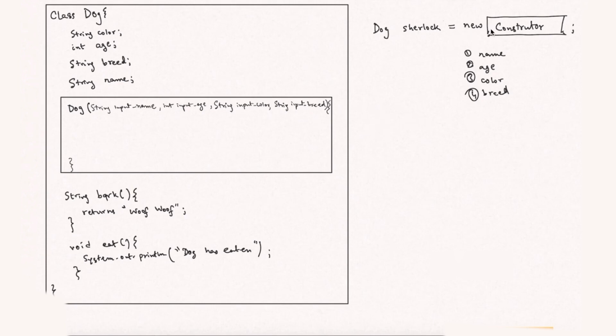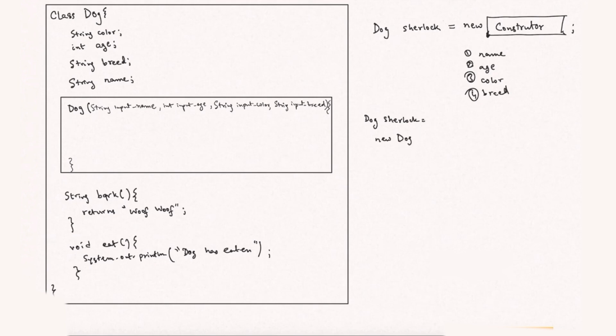So the statement would be, let's complete this statement. This statement would be dog Sherlock equals, let's say, I'm just writing it here because we have more space here, equals new dog, because this is the constructor, right? And the constructor's signature.